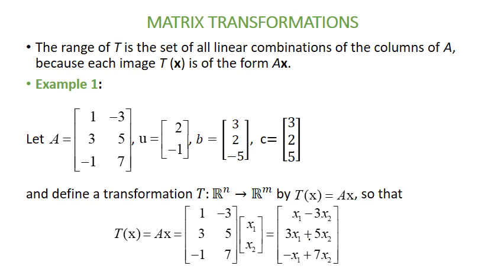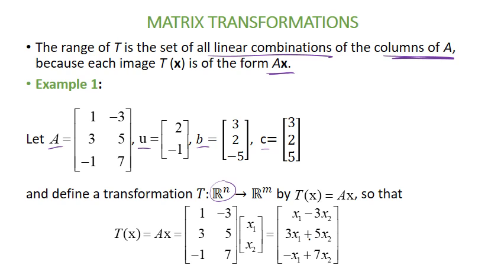So the range of T is the set of all linear combinations of the columns of A, because each image of the transformation is of the form AX. So this is shown to you down here. This is our first example, and we are going to do a few things with it. We have 4 different matrices here, A, U, B, and C, and we define the transformation here.